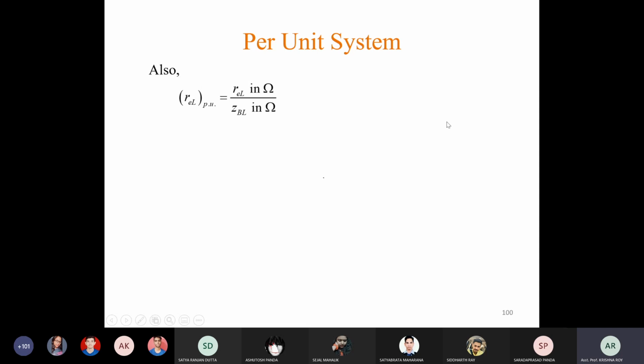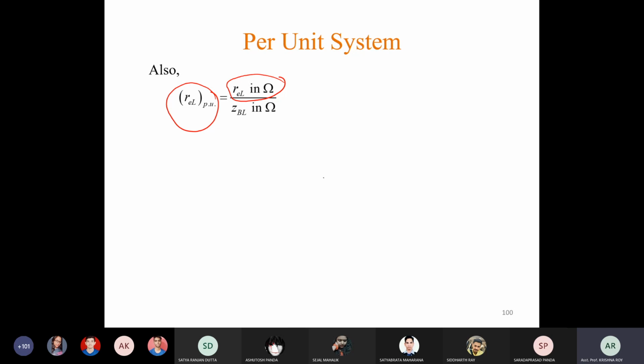Let me consider another advantage. Suppose REL is the per unit winding resistance referred to the low voltage side. This is the actual winding resistance referred to the low voltage side, and this is the per unit winding resistance referred to the low voltage side.